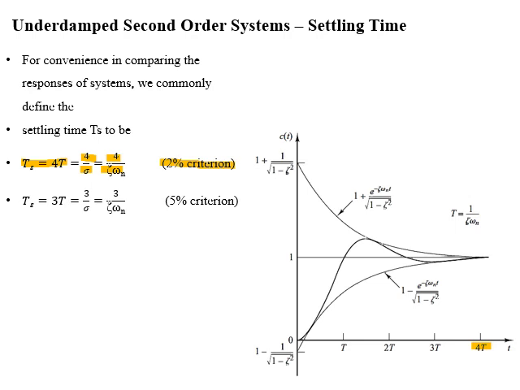And settling time equals 3 time constants, or 3 over sigma, or 3 over zeta omega n, if we are using the 5% criteria, which means the response of the system stays within a band of 5% of the final value.